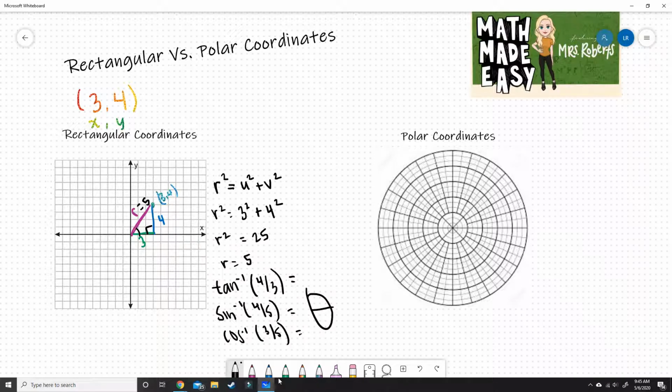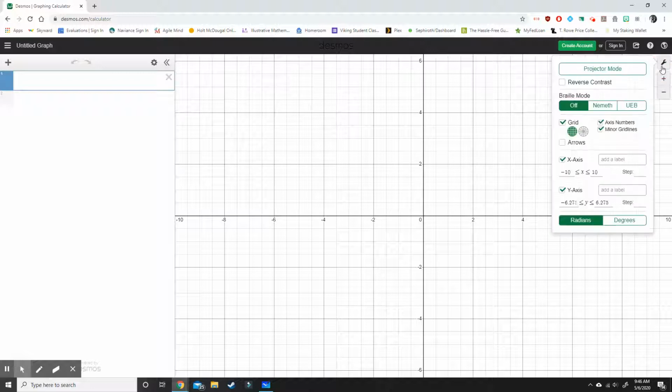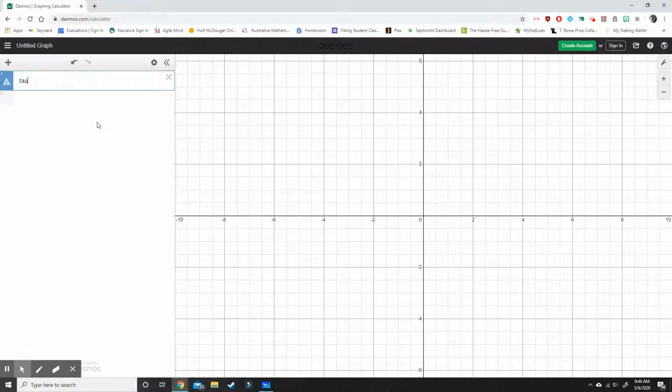So we could pull up Desmos and figure out, okay, what is theta going to be? Of course, I want theta to be in terms of degrees right now, just because degrees are a little bit easier to work with. And so we're going to say the inverse tangent of 4 over 3.